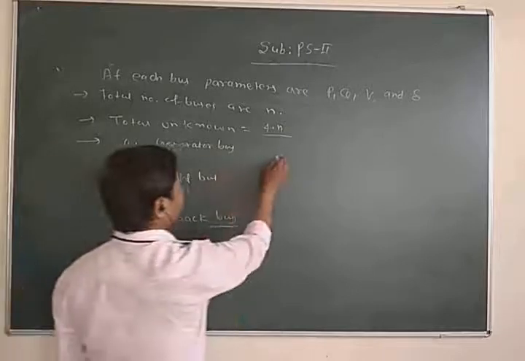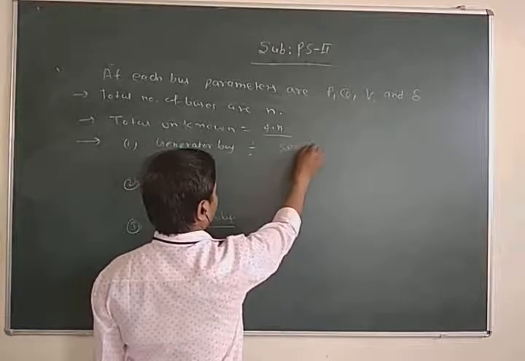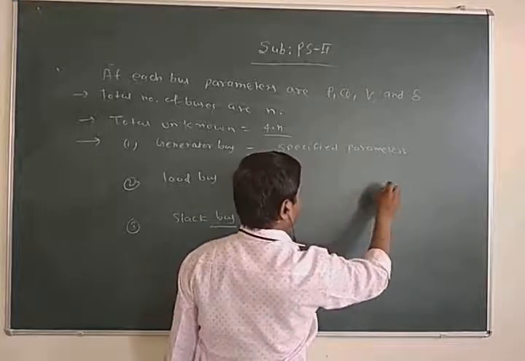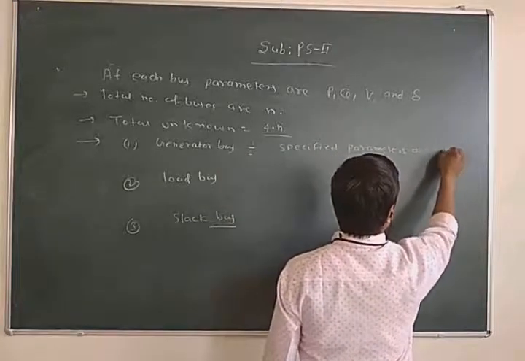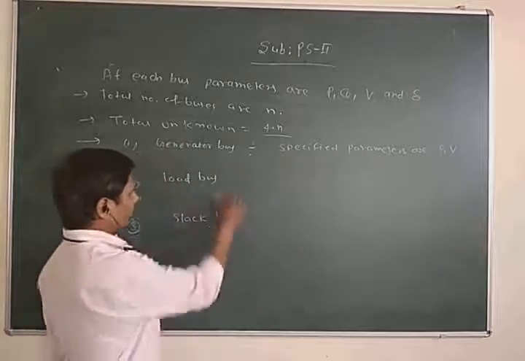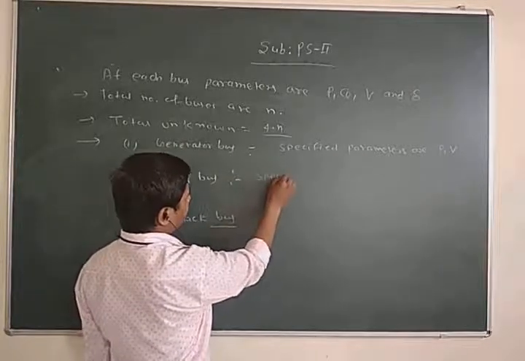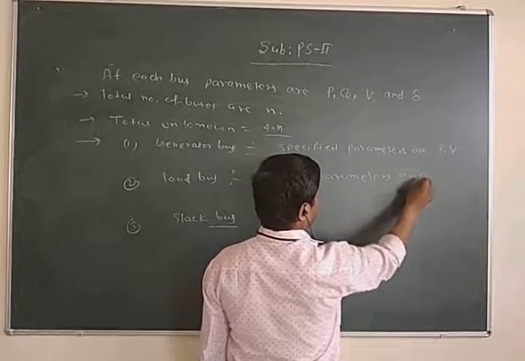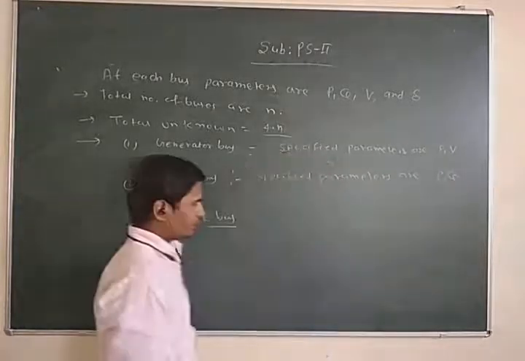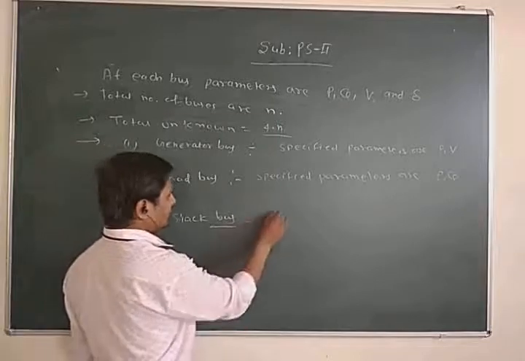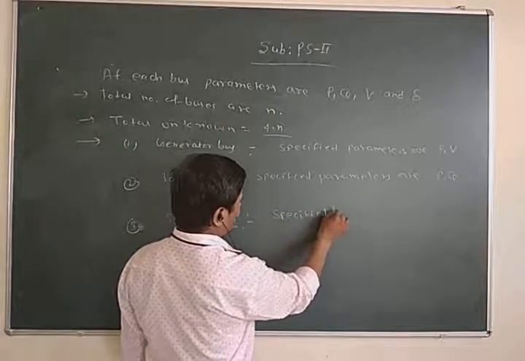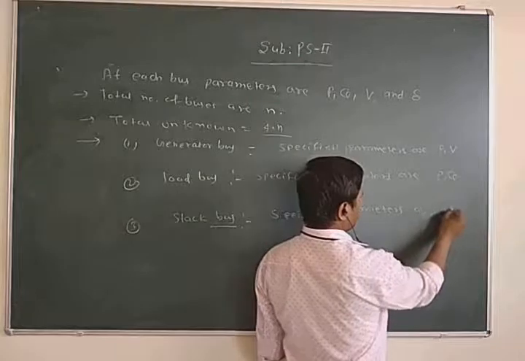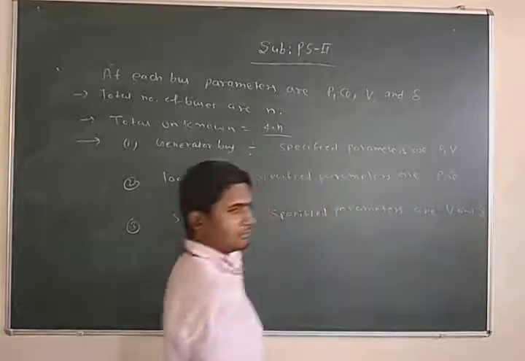At the generator bus, specified parameters are P and V. At the load bus, specified parameters are P and Q. And at the slack bus, specified parameters are voltage and load angle delta.